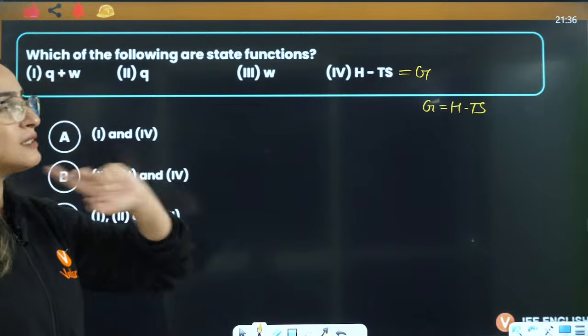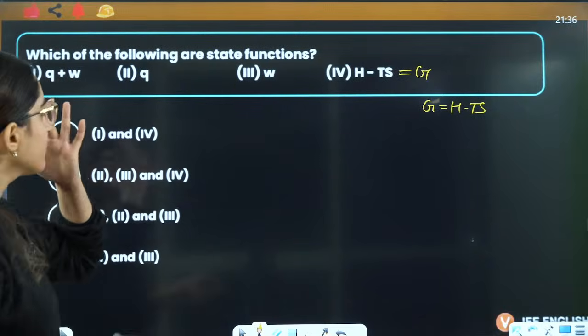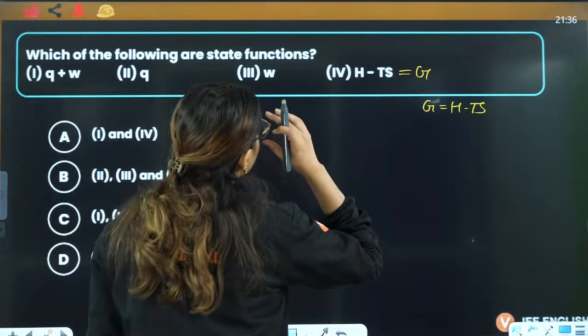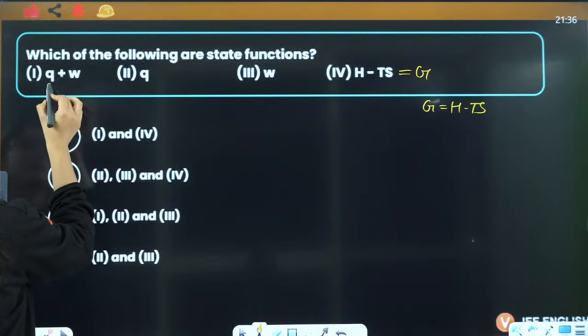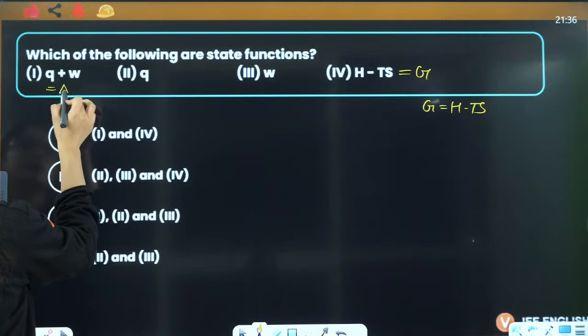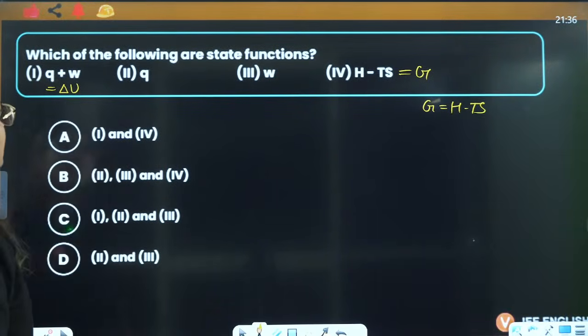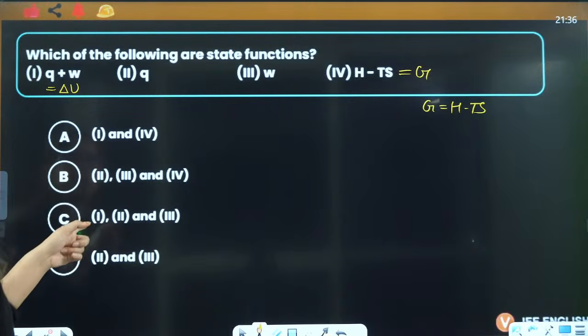We'll discuss that in Friday's lecture. Okay. So it is going to be G here, this is W, this is Q, and what is Q plus W? This is nothing but delta U, right? So which of the following are state functions? This is a state function, first and fourth are state functions, right?